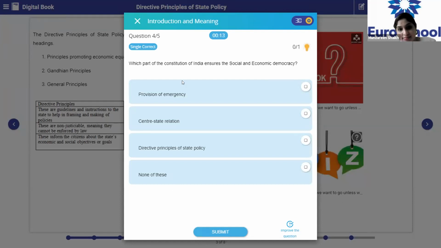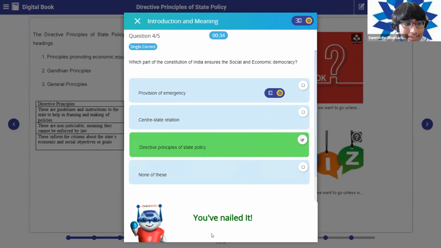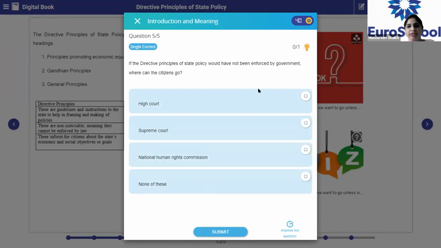Listen to the question carefully. Which part of the Constitution of India ensures social and economic democracy? Directive principles of state policy. Yes, that is true. Kinjal, give her a big round of applause. Kinjal gave the correct answer. She deserves it.